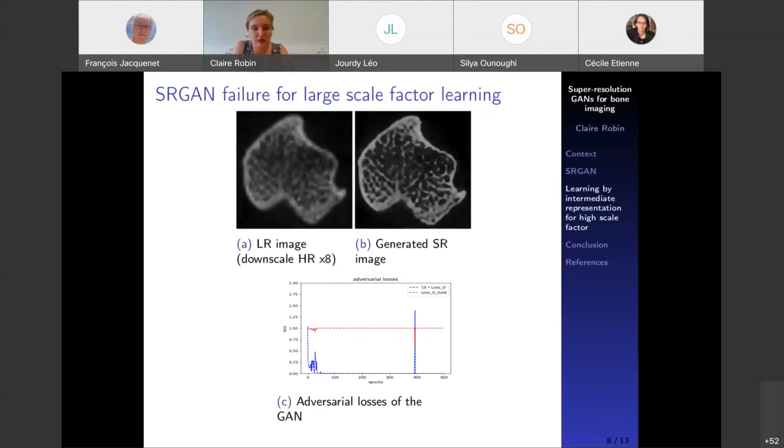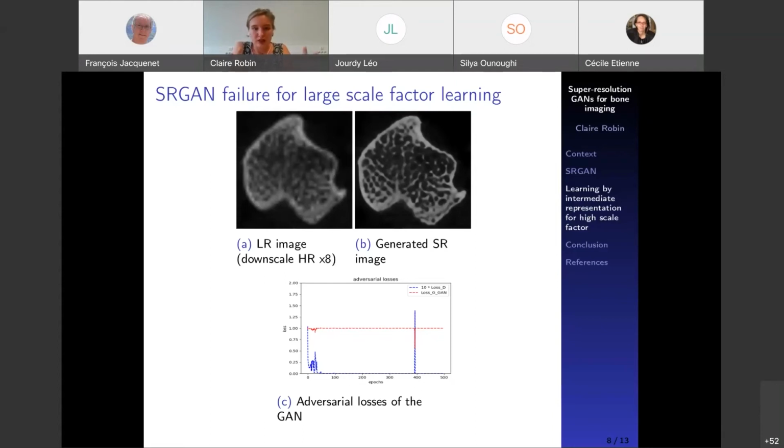And we can see on the diagram that the discriminator converged to 0 and the generator is not able to learn anything. Our hypothesis is that the feature maps of the residual blocks have to extract all the details from a very low resolution image, then improve the resolution in only one step until the high resolution image.